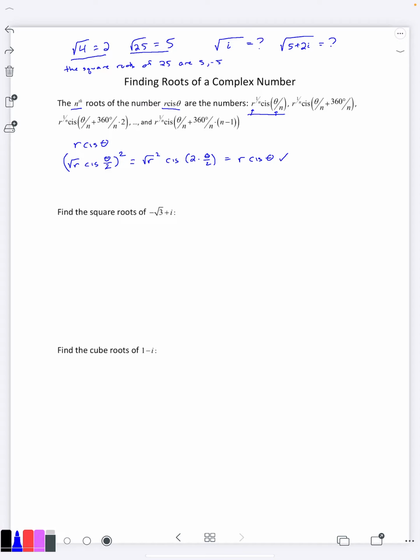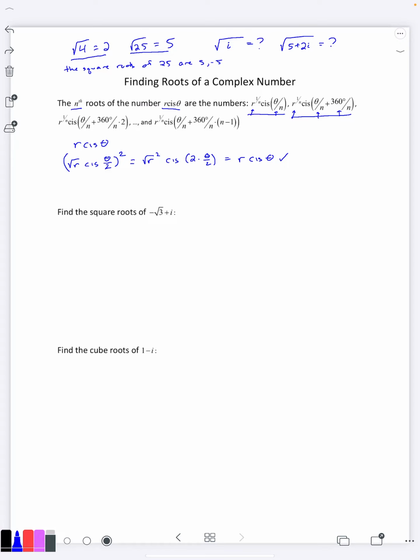But I just told you that in square roots, we're always going to have 2 different square roots for a number. And here's how we're going to get the second one. The second one is going to be by taking the same modulus, the same magnitude in front. You still divide the angle by n, and then you add on 1/nth of a full circle rotation.